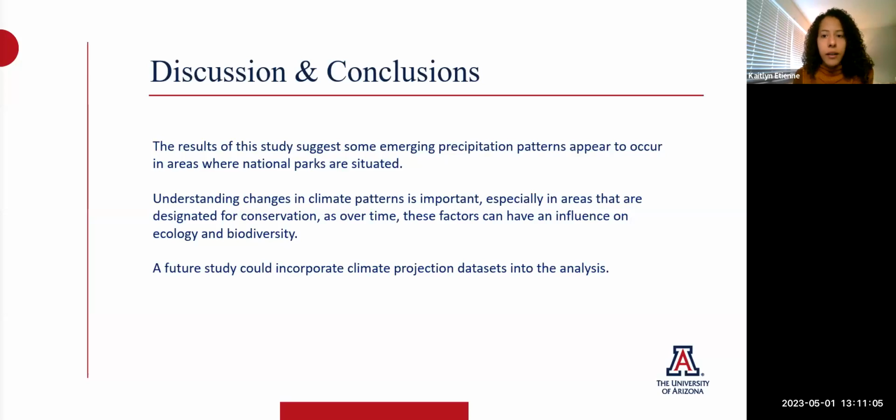So in conclusion, the study was a spatial analysis of historical climate data, including temperature and precipitation. And I used space-time pattern mining to see where local changes in climate might be occurring throughout the contiguous United States, and especially in areas where national parks are situated.